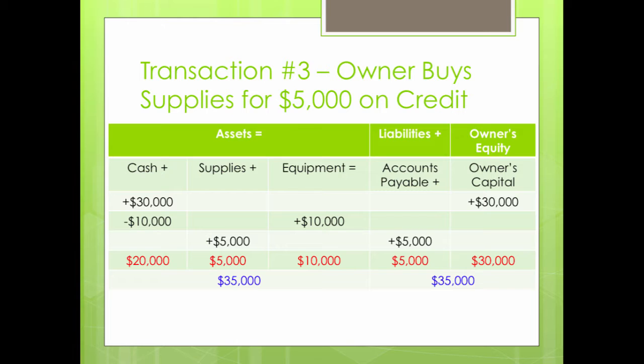The answer is a little more straightforward in this case because the key word here is supplies. I hope you are starting to see the pattern here. The transaction information or the event will mention keywords that will help you determine which account it affects. In this case, it affects the supplies account.